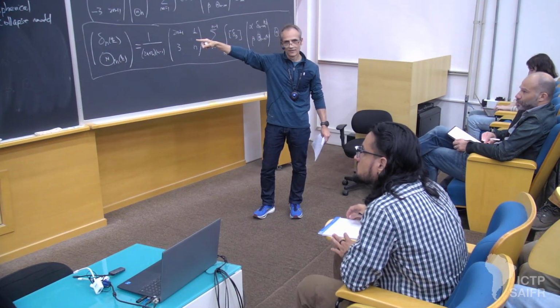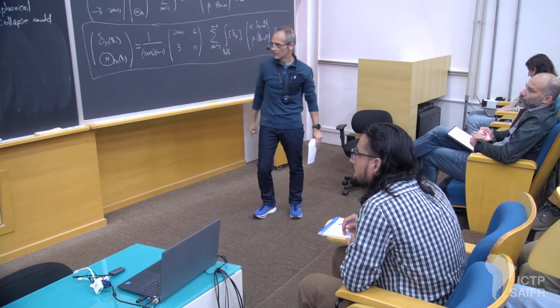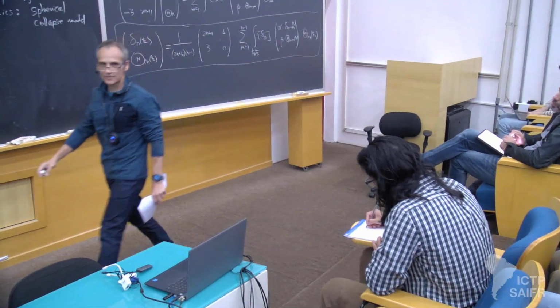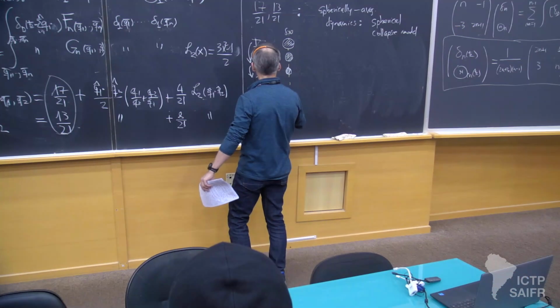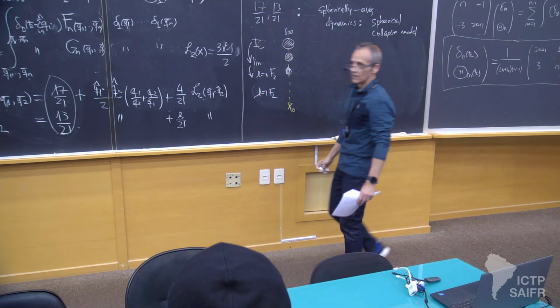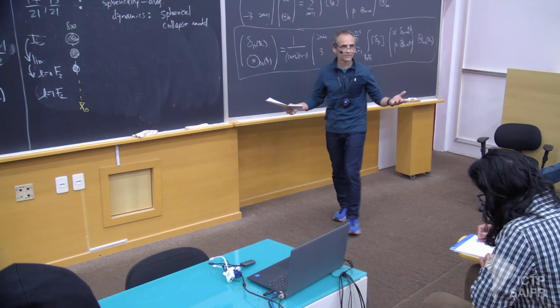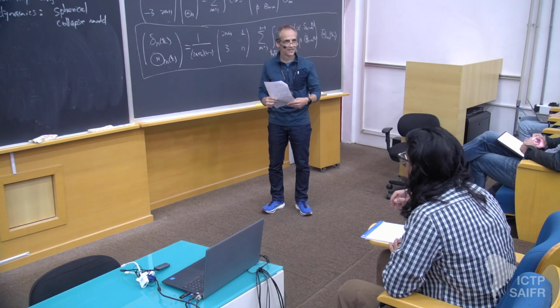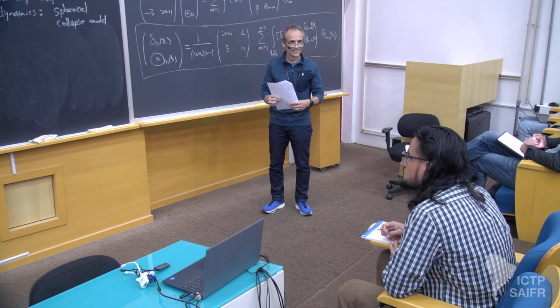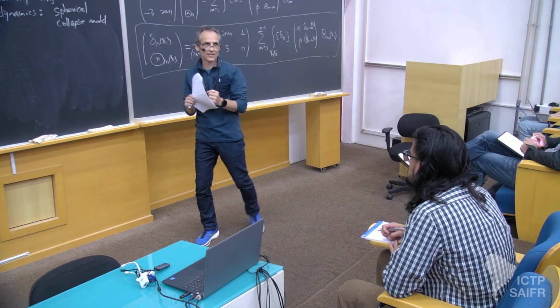Okay, good. Now, what is L equals 1? So this is the dipole, L equals 1. Let's add L equals 1. What is the dipole? Any guesses? No, so a dipole is just a translation, right?